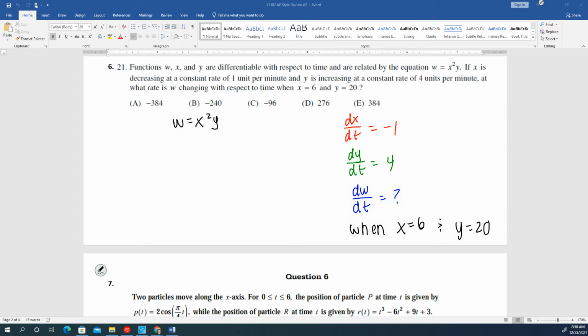So the derivative of w is 1 dw/dt. Over here, I have to use product rule.